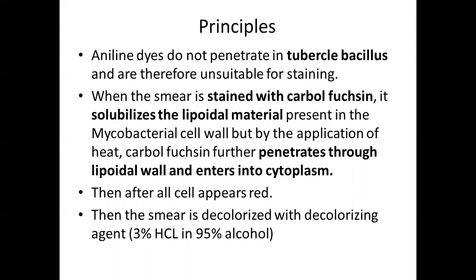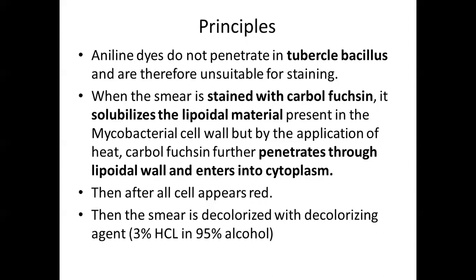Particularly, the tubercle bacillus has lipoidal material, present in mycobacteria, which won't allow any material to penetrate easily inside. So the carbol fuchsin, by heating, penetrates the lipoidal cell wall and enters the cytoplasm, where the microorganism holds the color of carbol fuchsin. Thereafter, all cells appear red.